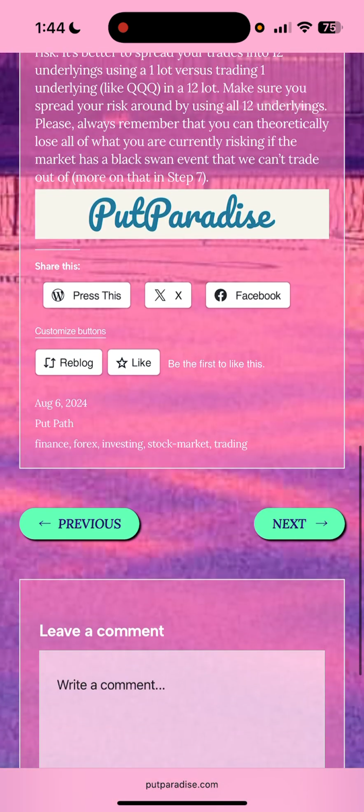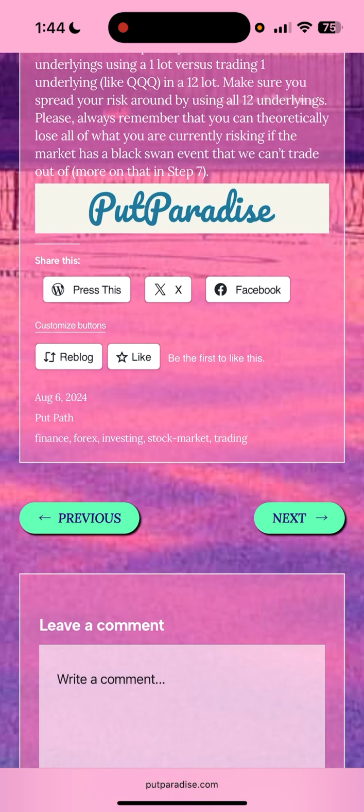That's going to allow you to have larger lot sizes and potentially larger winners. Now, again, the downside of that is you could potentially lose more as well. But because we have that diversification across the 12 underlyings, the risk is much lower that you're going to lose all 12. So hopefully that makes sense.